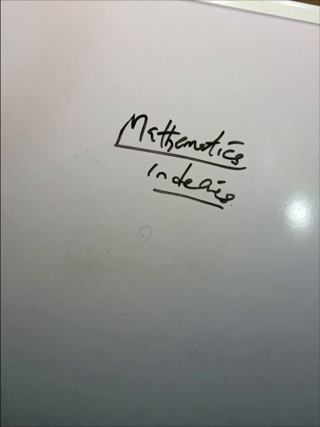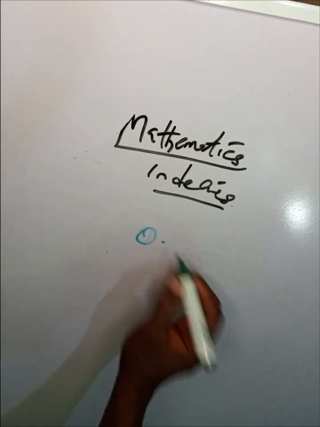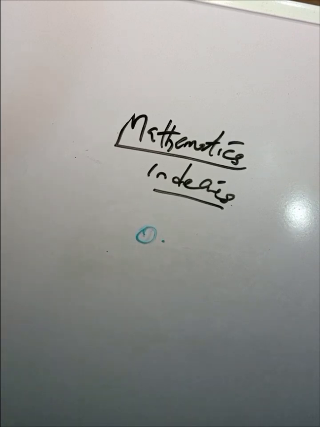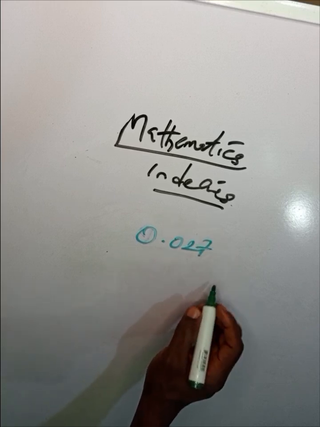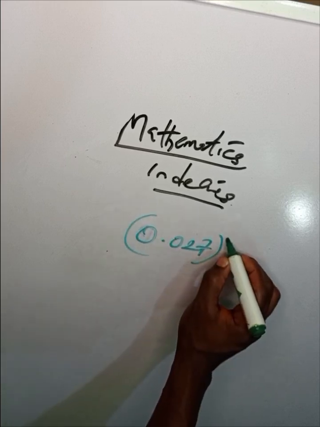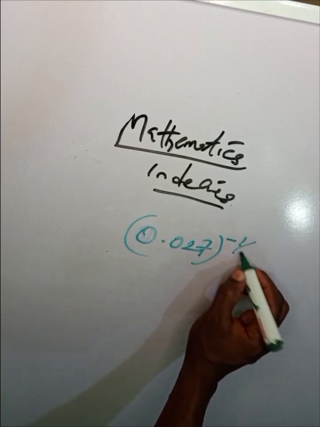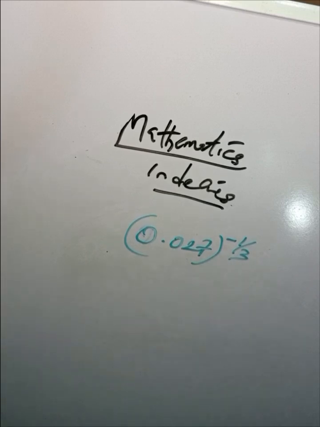If you have 0.027 raised to power minus 1 over 3. So what do we do here?